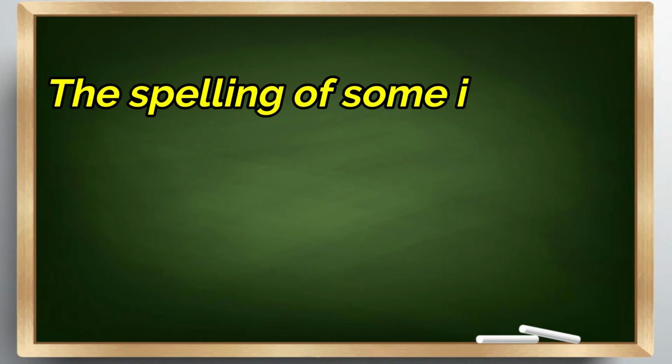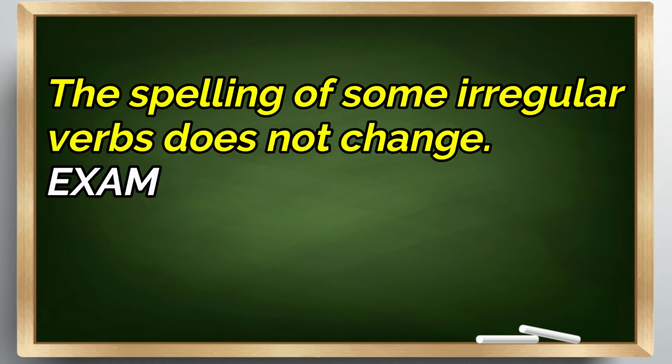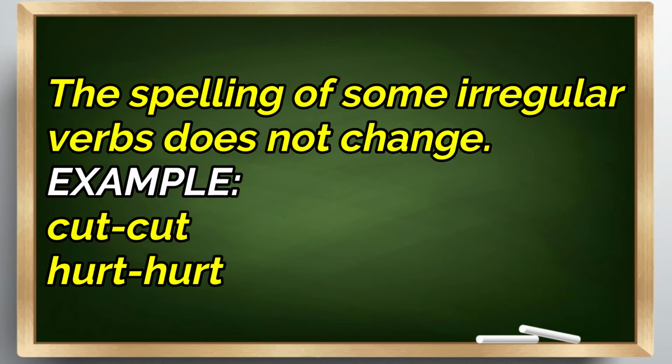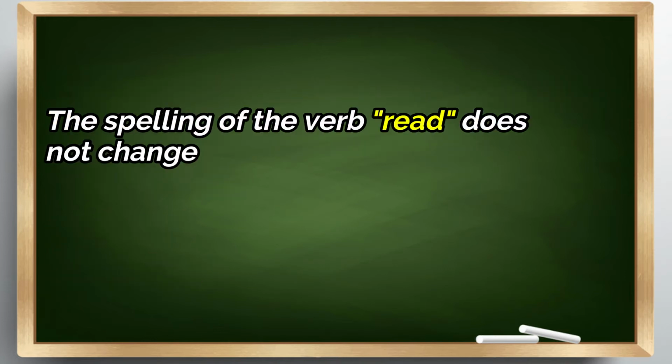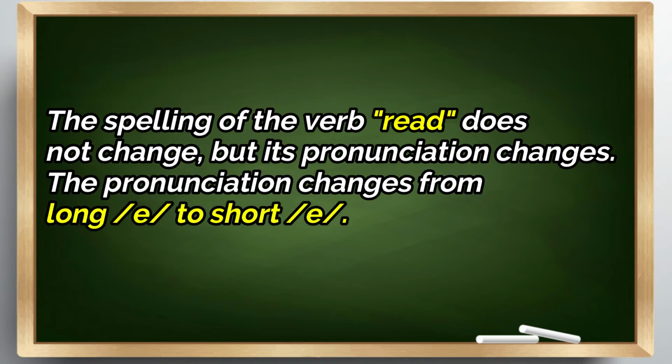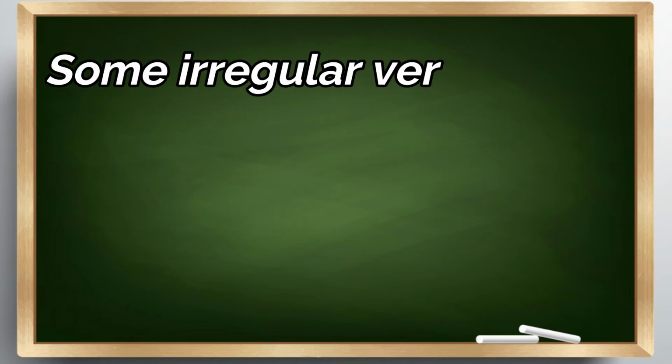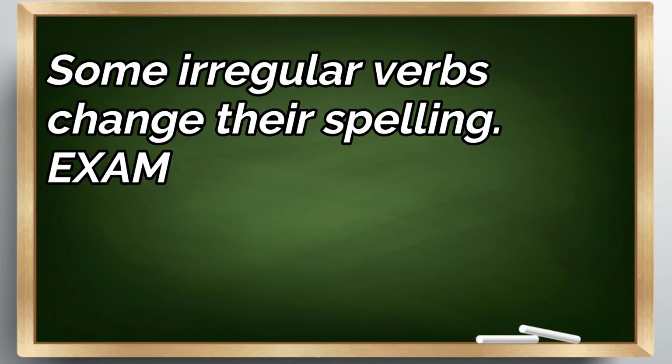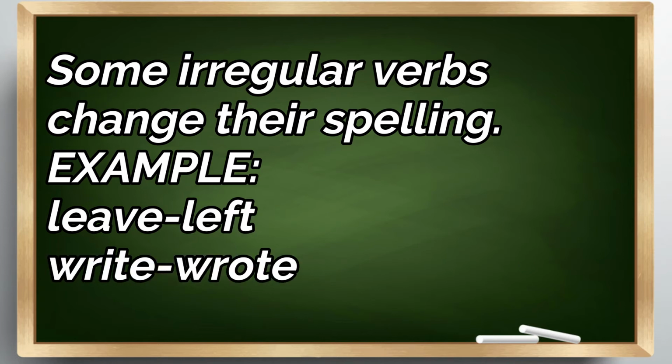The spelling of some irregular verbs does not change. Example, cut, cut. Hurt, hurt. The spelling of the verb read does not change, but its pronunciation changes. The pronunciation changes from long E to short E. Some irregular verbs change their spelling. Leave, left.